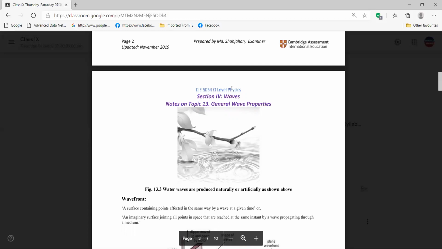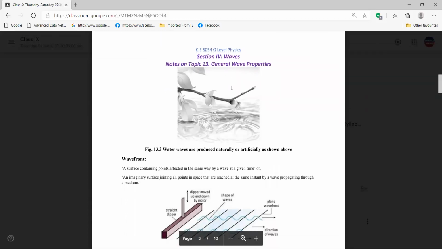So the wave is produced, right? And it's going like a circular wavefront, moving and getting bigger and bigger, right? The transfer of energy. This way it's transferring the energy.